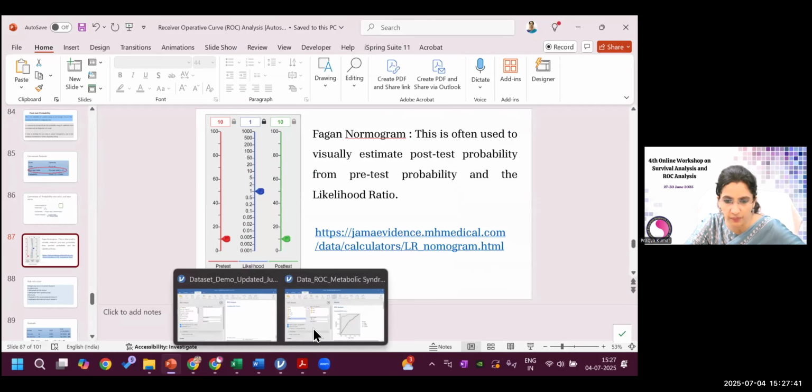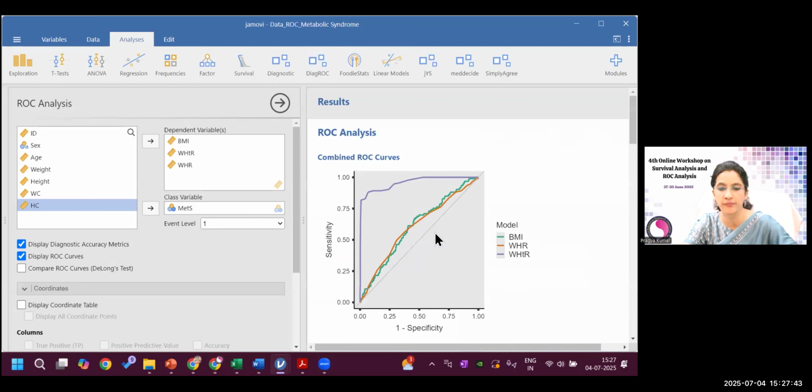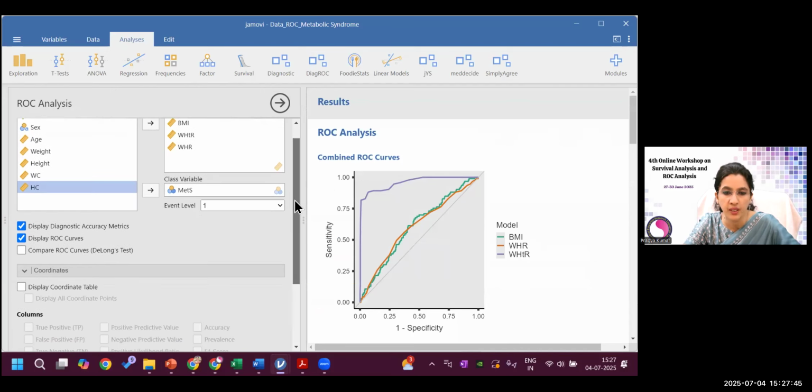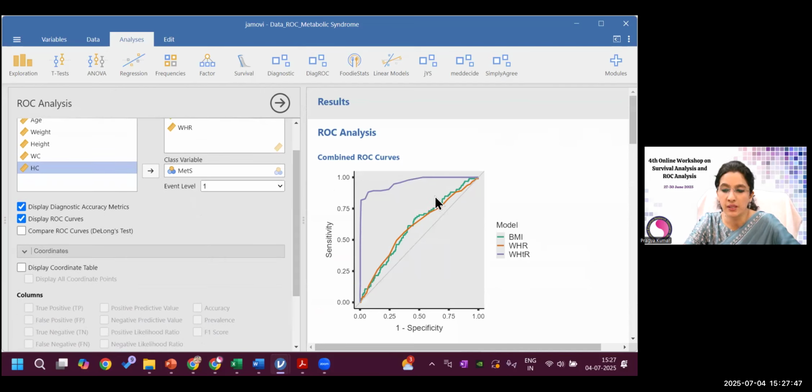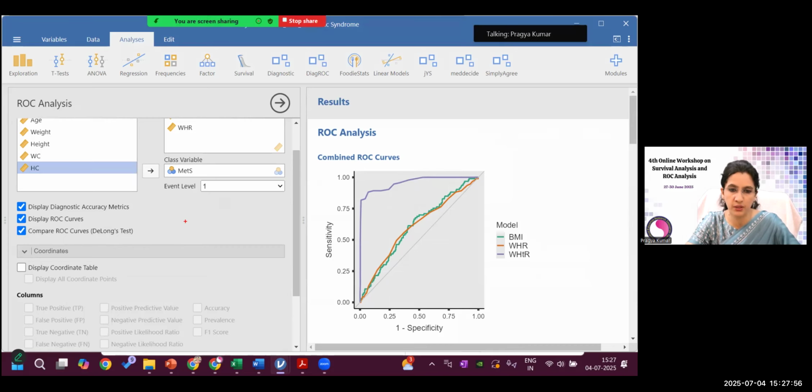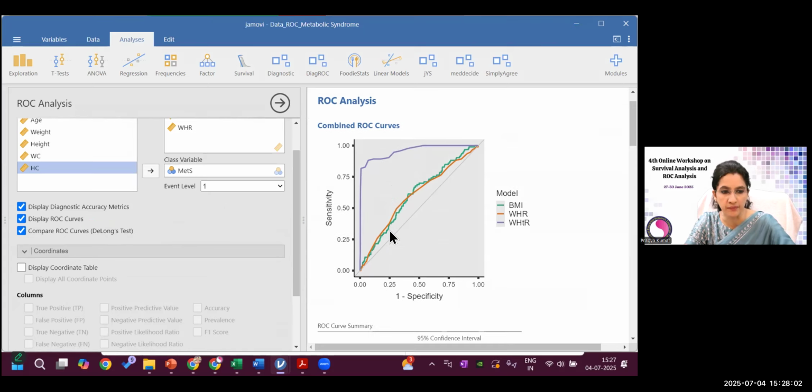So we completed up till this point, this ROC comparison. I was about to tell you that if you have got more than two tests, then you can compare them with the DeLong test. There's an option written here, DeLong test, which you can use to see the in-between comparison.